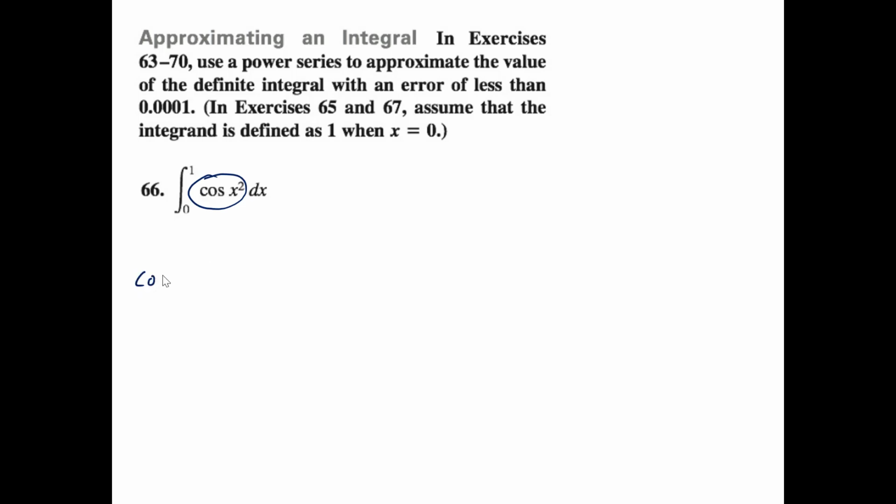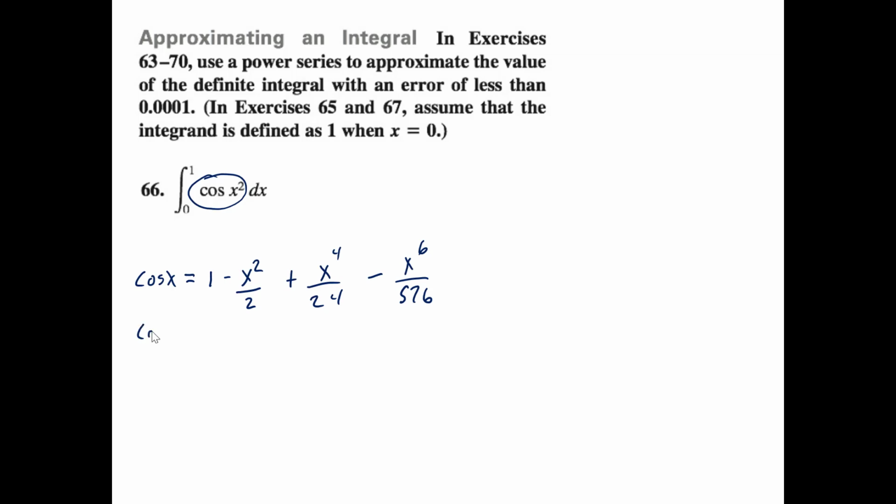So again, the cosine of x is 1 minus x squared over 2 plus x to the 4th over 4 factorial, which is 24. And then minus x to the 6th over 6 factorial, 720.